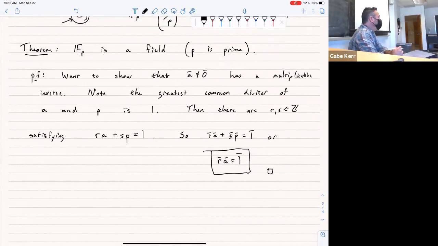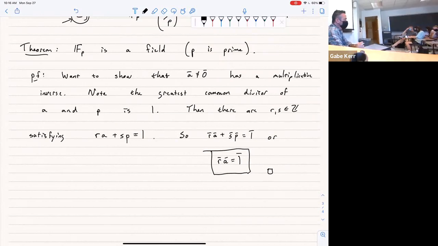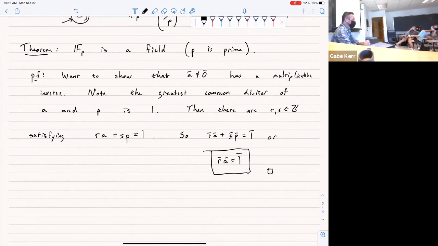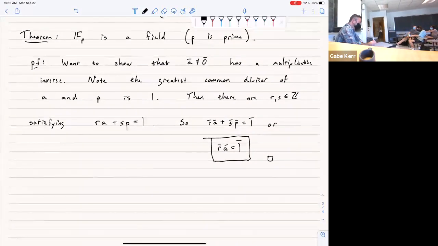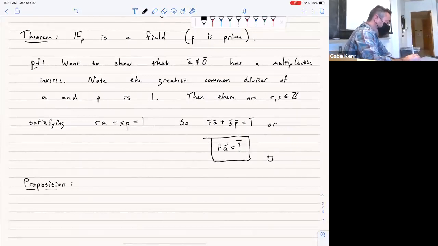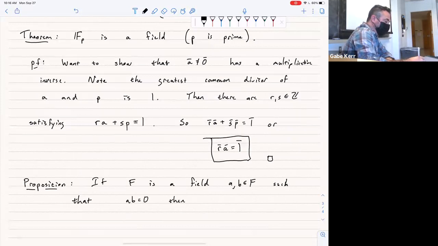Now, another thing I want to say is that weird situations don't happen with fields. So this is kind of a proposition. If F is a field, and A and B are elements of F such that their product is 0, then either A is 0 or B is 0.